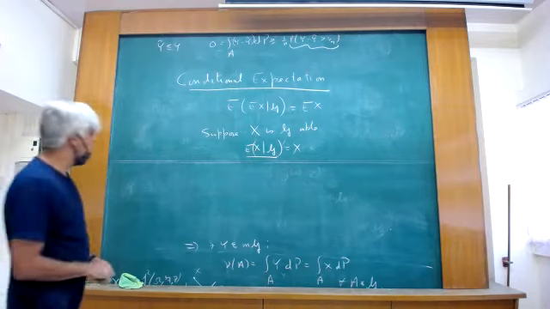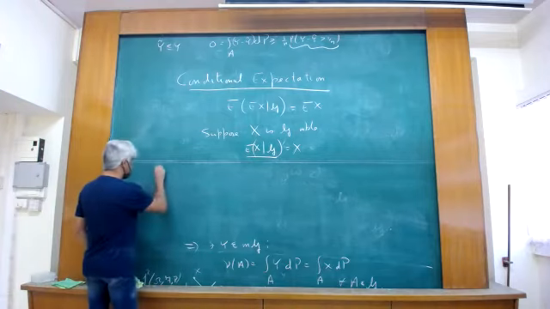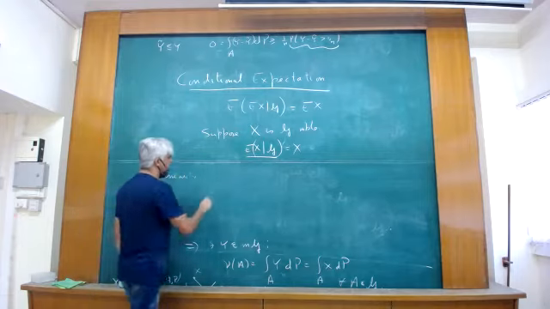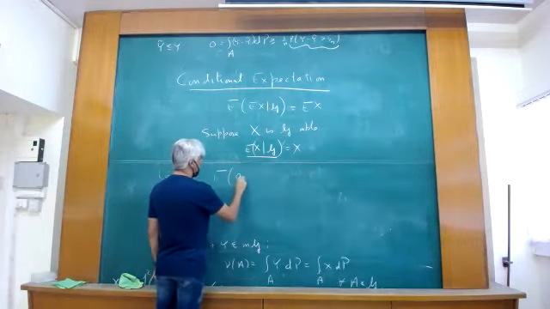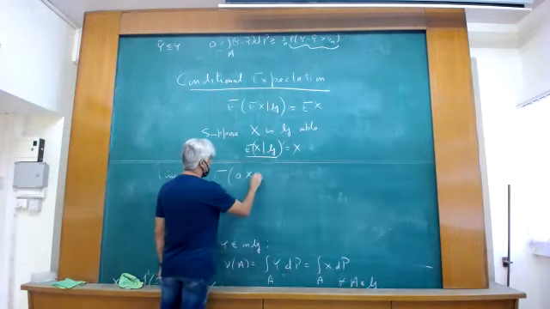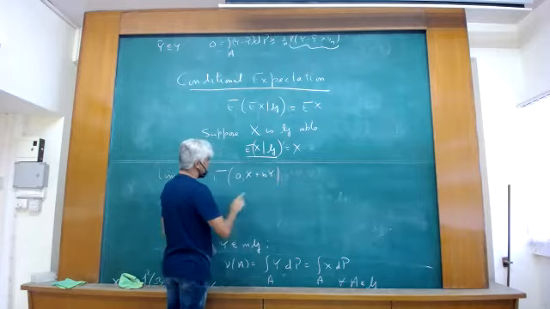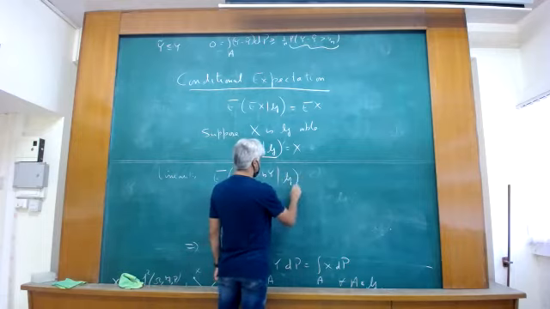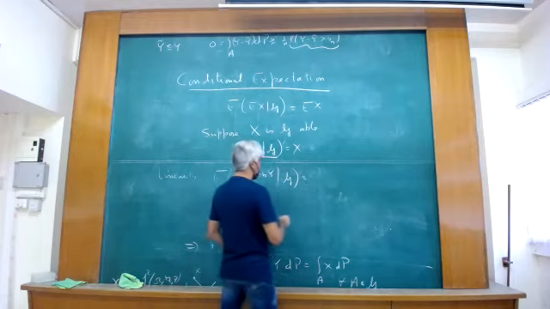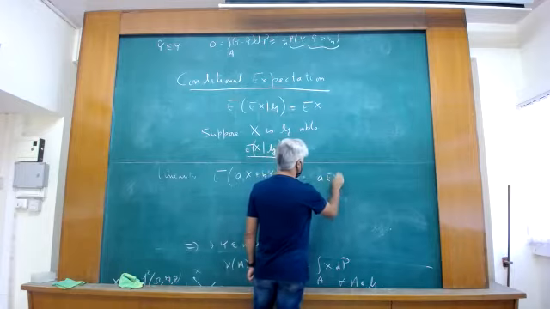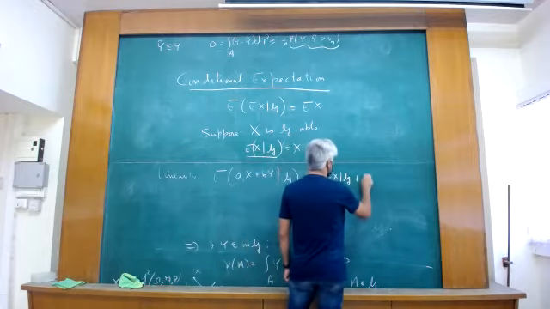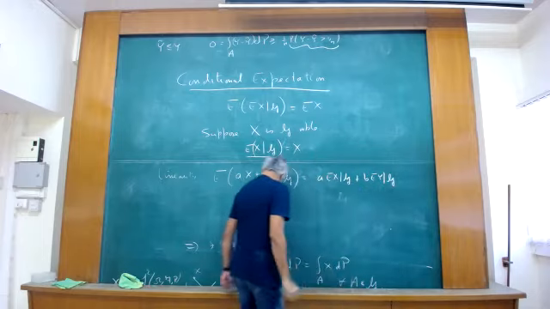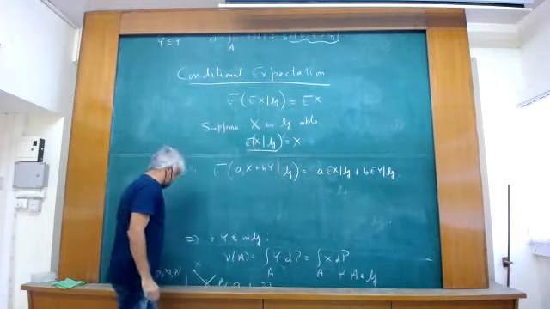Linearity, if you're seeing it for the first time, is a nice proof. So the expected value of aX plus bY given G equals a E of X given G plus b E of Y given G. I'm assuming X and Y are in L1. Why is this true?